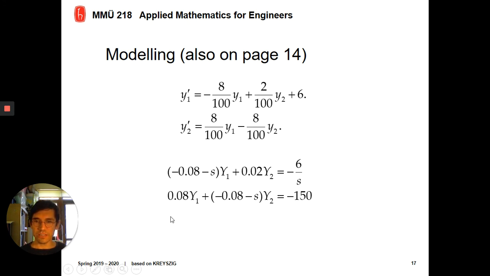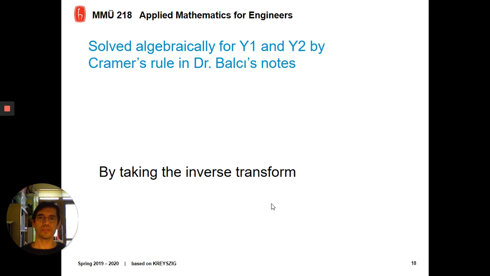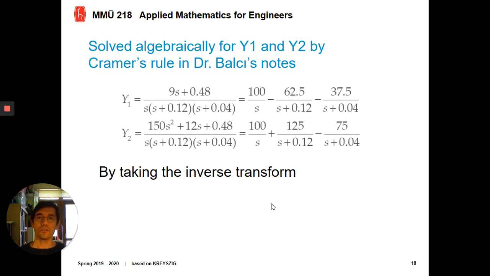If you solve this equation by Cramer's rule, which you can do, you can find an expression for y1 and y2. That's something you need to do on your own because you know linear algebra and you know how to solve such equations with different methods. You can use elimination too. In any case, you can reach for y1 some expression like this and another expression like that.